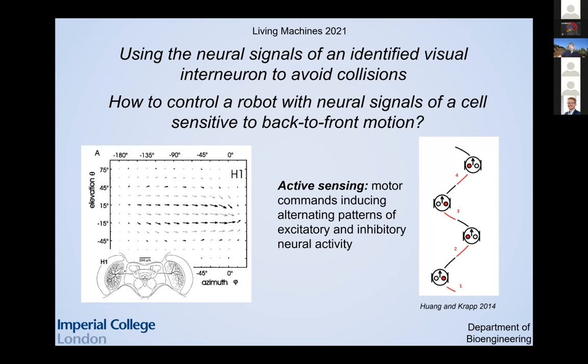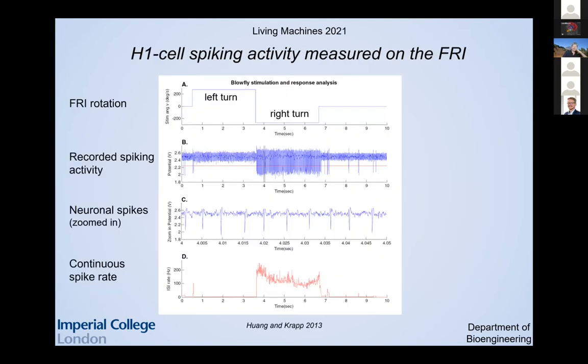An alternative, a way of getting out of that problem, is to introduce an element of active sensing, which means the robot is not on a straight trajectory, but it's rotating left, right in an alternating pattern. And that means the excitation in this neuron is switching between increased activity and reduced activity, as you can see in this overall plot.